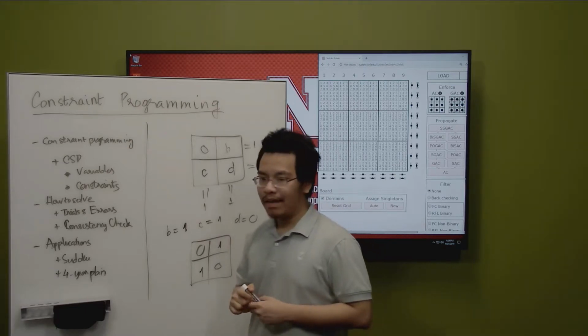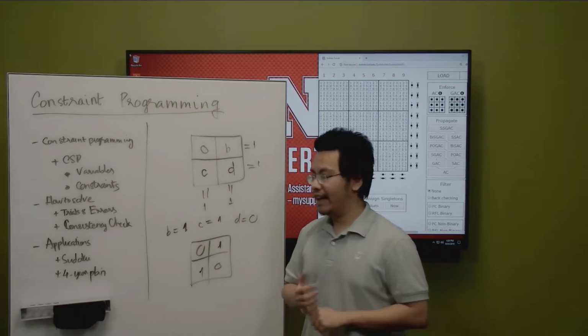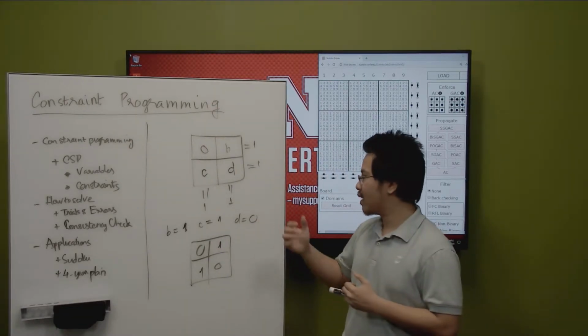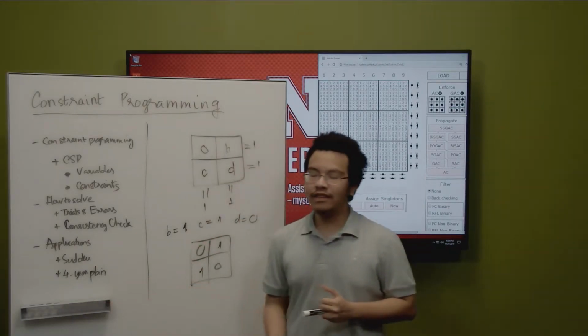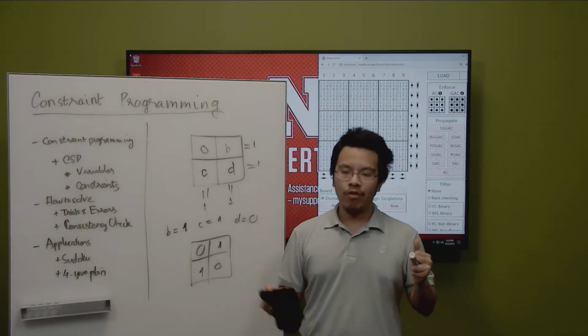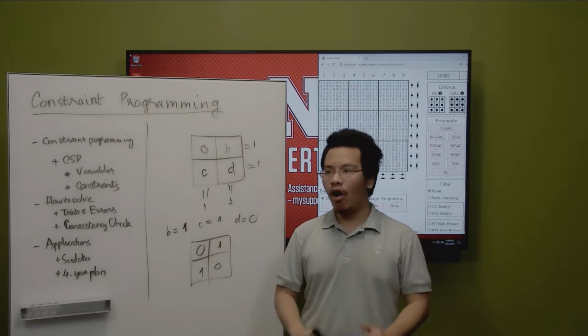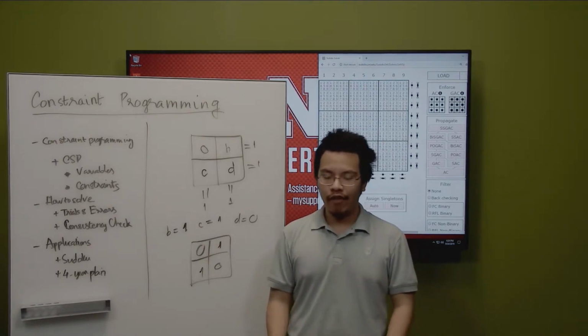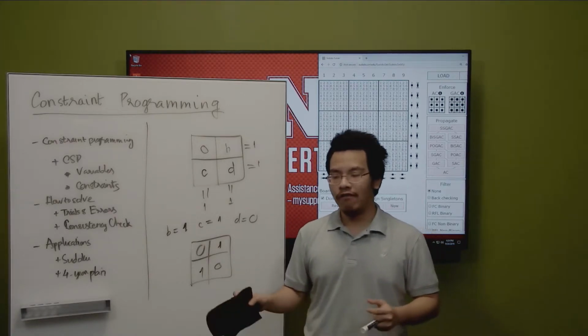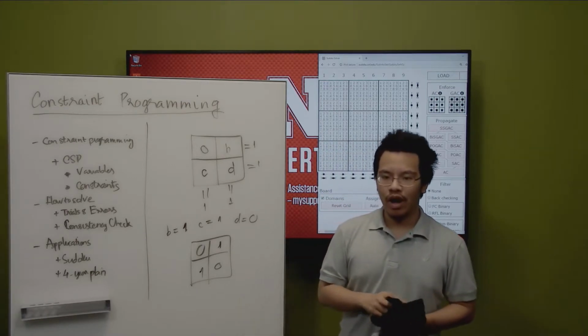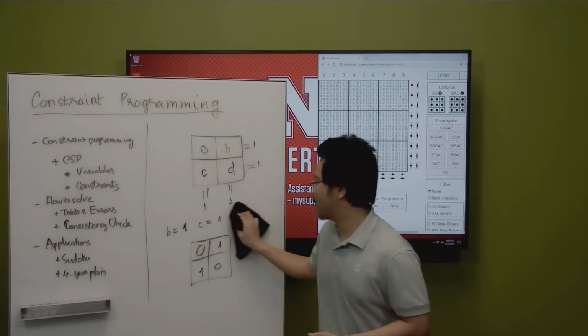The second method that we can try is called consistency check. What we do in consistency check is eliminate all the combinations of values that we are sure are not in our solution.